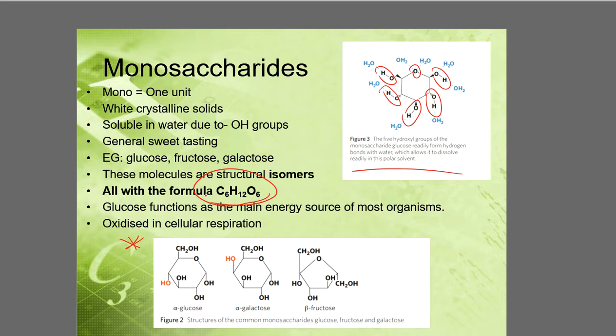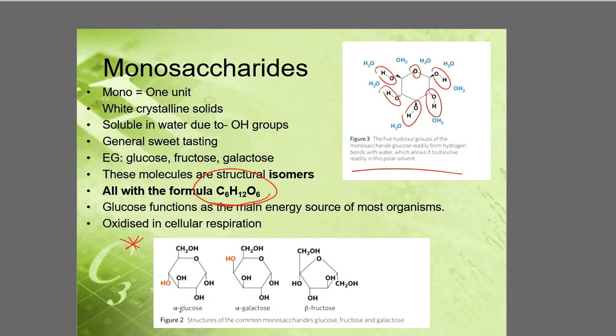Often when we look at our chemical equations, we will use that as glucose, but technically, in terms of the molecular formula, that could be galactose or fructose. Glucose tends to be used more because it's more commonly found in the human diet. So they all have the same formula but different structures. Therefore, they are isomers of one another, structural isomers.